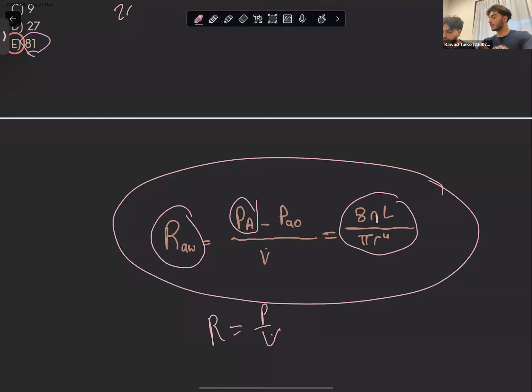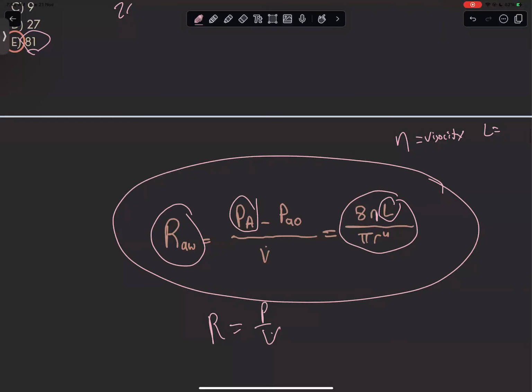Do you guys know what N here is? I'm just trying to make sure you understand this before we move on. N stands for viscosity. Yes, so this N is viscosity. L here would be length.